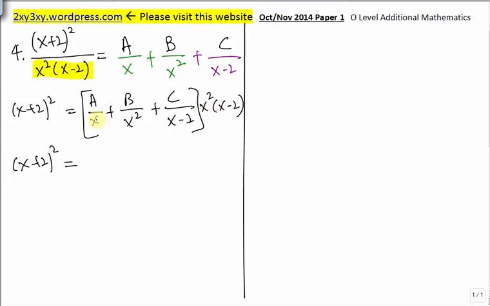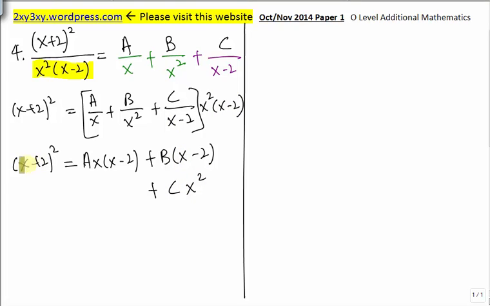The x squared and this x can cancel, and we will have this expression. Next, b over x squared multiplied by x squared, x minus 2: the x squared and the x squared cancel. It will give us this expression. Lastly, c divided by x minus 2 multiplied by this expression. The x minus 2 and the x minus 2 cancel, and it will give us cx squared.